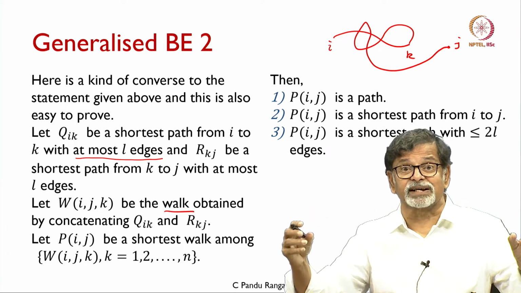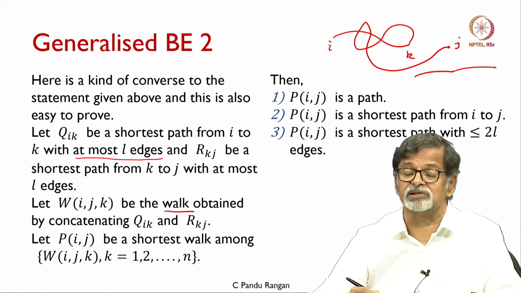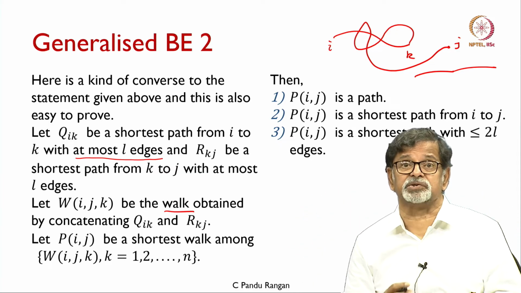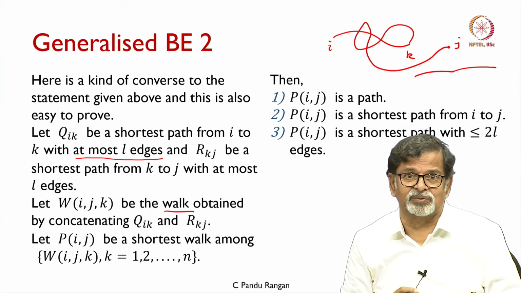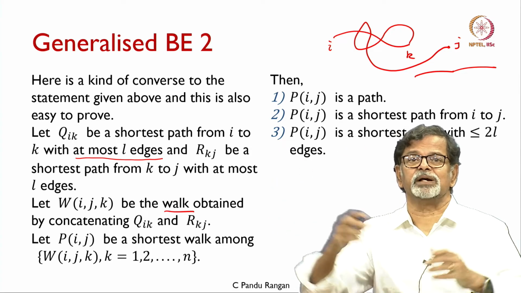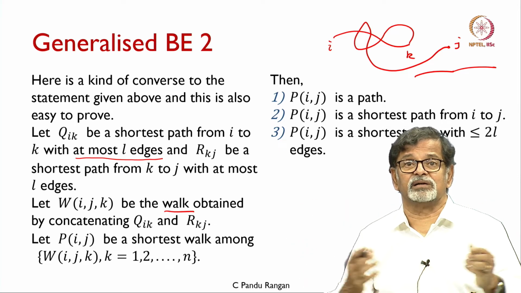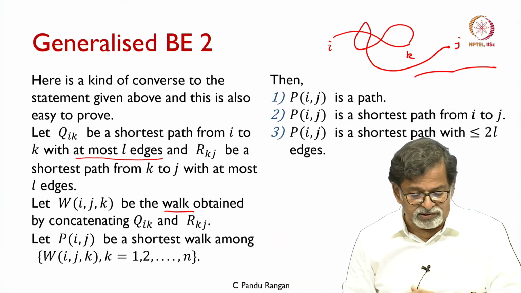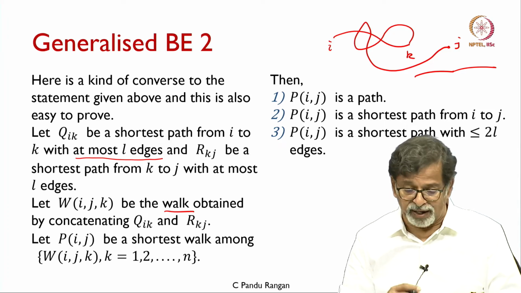Only when they are vertex disjoint, they get connected like this and you get a path. If the paths are vertex disjoint and attached at one end, the whole thing will be a path. If the paths are not vertex disjoint, when you combine them, you get a walk. So let w_ikj be the walk obtained by concatenating q_ik and r_kj.